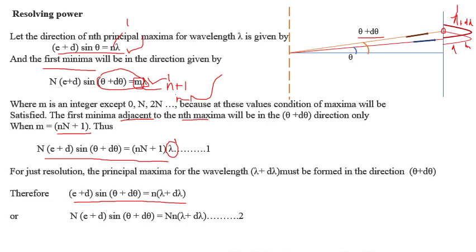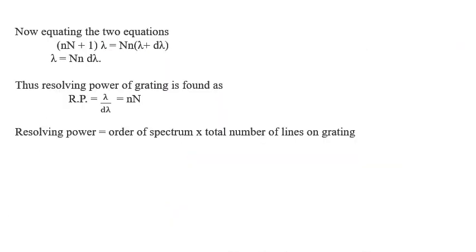So in both equation 1 and equation 2 the left hand sides are equal, so we can say that the right hand sides are also equal. So by equations 1 and 2 we get: (nN plus 1) lambda is equal to nN (lambda plus d lambda).